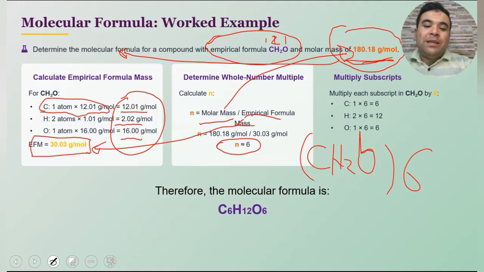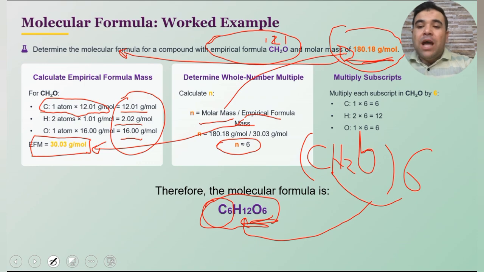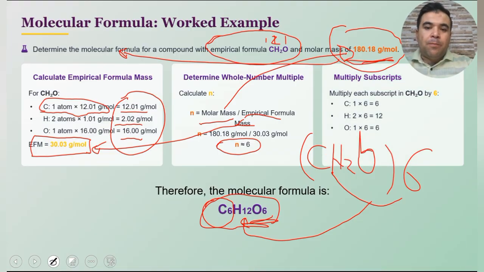To get the molecular formula. So 6 multiplied by 1 will get C6. 6 multiplied by 2 will get H12. 6 multiplied by 1 we got O6. That's how we multiply the n by the empirical formula to calculate the molecular formula.